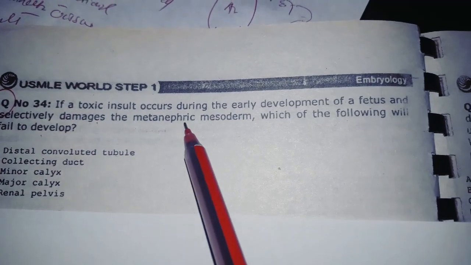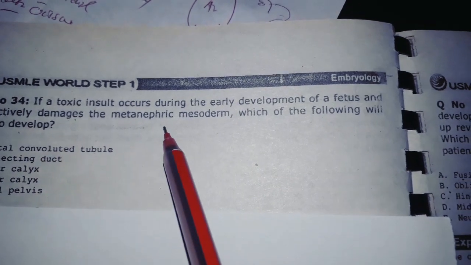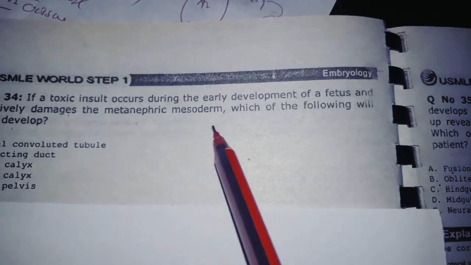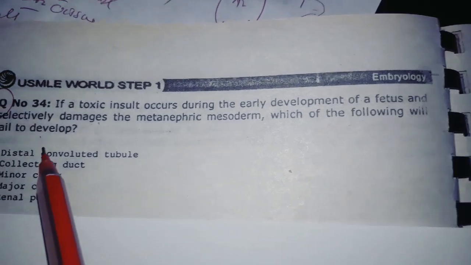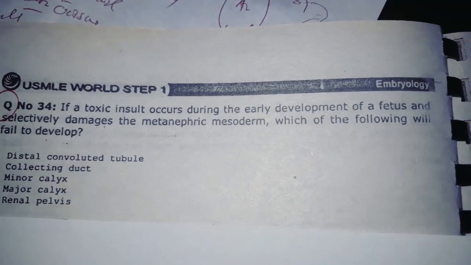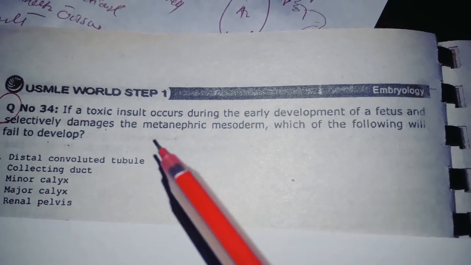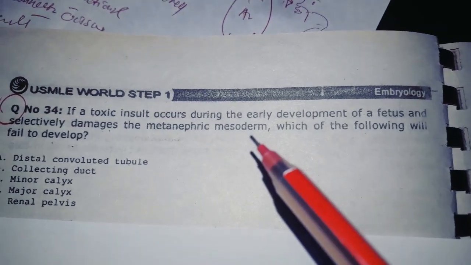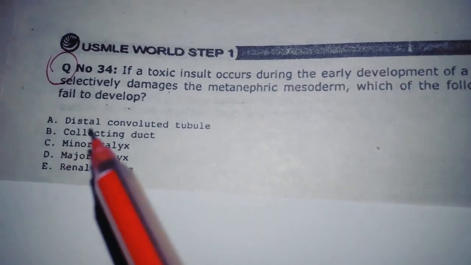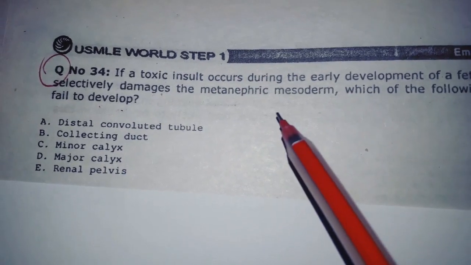If a toxic insult occurs during the early development of the fetus and selectively damages the metanephric mesoderm, which of the following will fail to develop? So they are talking about the metanephric mesoderm, which can also be called the metanephric vesicle or blastema. We have to know the derivatives of the metanephric mesoderm.